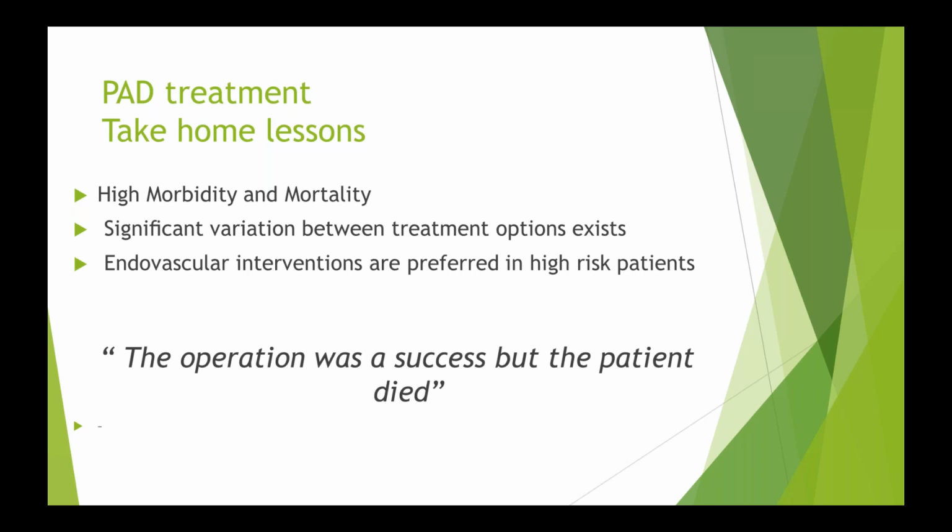Another question that I had is, this talk was mostly with regards to the lower extremity, but is there any major difference when you're talking about manifestations of peripheral artery disease in the upper extremity in terms of treatment?